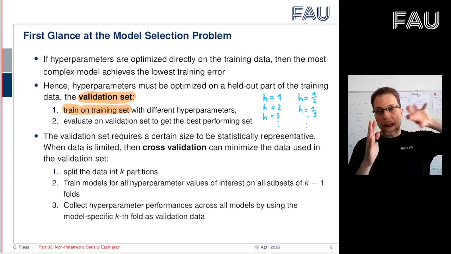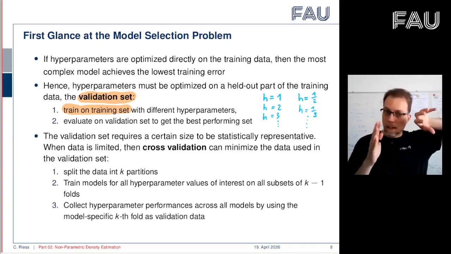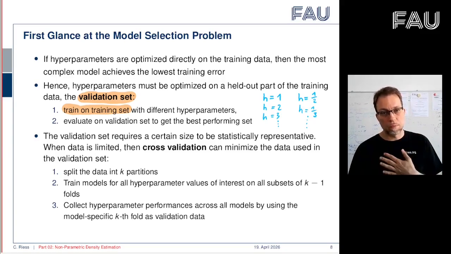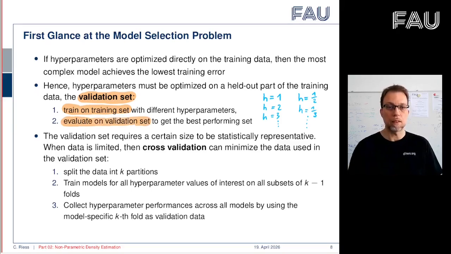And then you have held out validation data that has never been used for the training, and you use this to determine which of these parameters is actually best. So evaluate on the validation set.